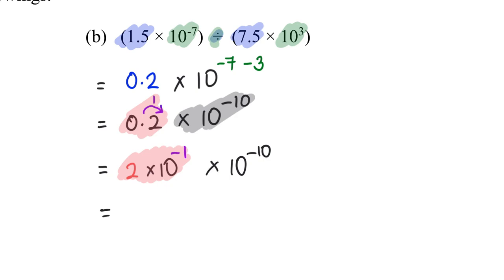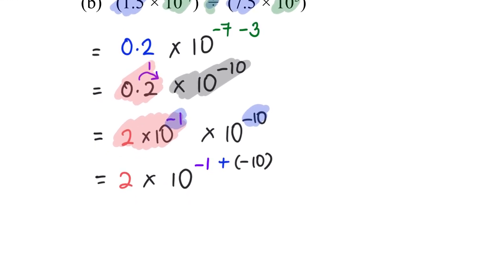So final answer, 2 times 10 to the power of negative 1 plus negative 10. To take note, we are going to plus the power together when the base is the same. And finally, you will see this as the final answer, 2 times 10 to the power of negative 11. Okay, negative 11. Let's move on to part C.